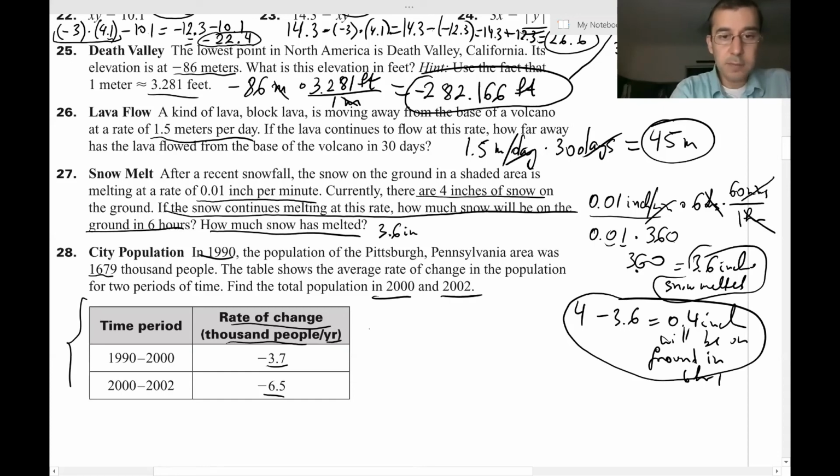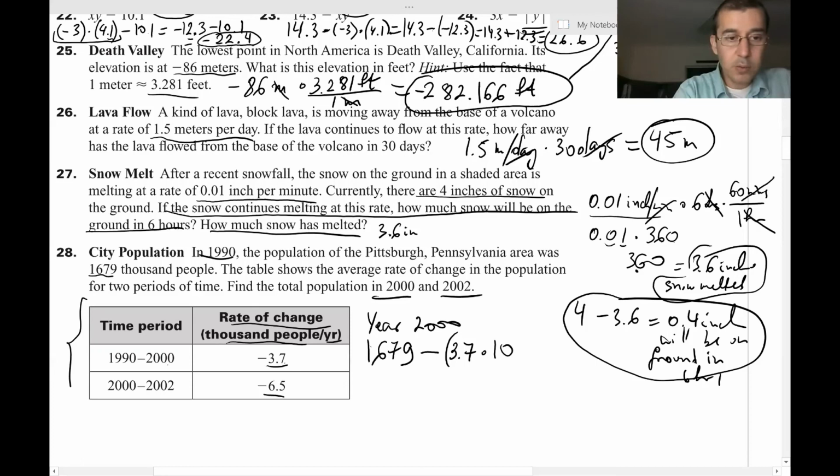So let's first find it in year 2000. In 1990, we start off with 1,679,000 people, and then minus, it's decreasing. So every year we have 3.7 thousand people decreasing. So this is going to be 3.7 times 10 years, right?